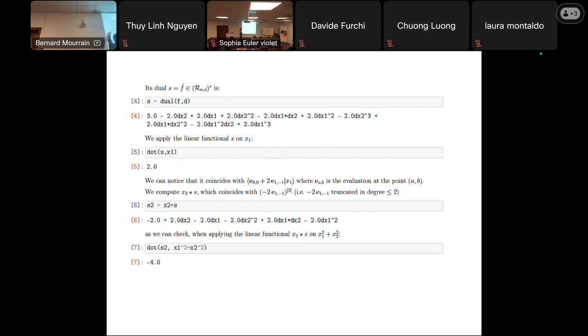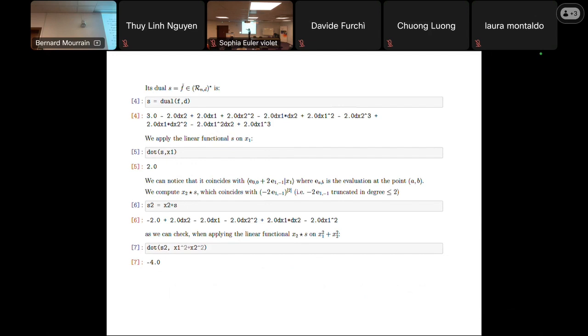Now we can apply this linear functional on x1. So S applied on x1, we get 2. This is the dual basis of the polynomial basis. So x1 we have here, and the dual is here. The coefficient is 2. We look at x2 times S, with the definition we have seen. This is S applied to x2 times something.